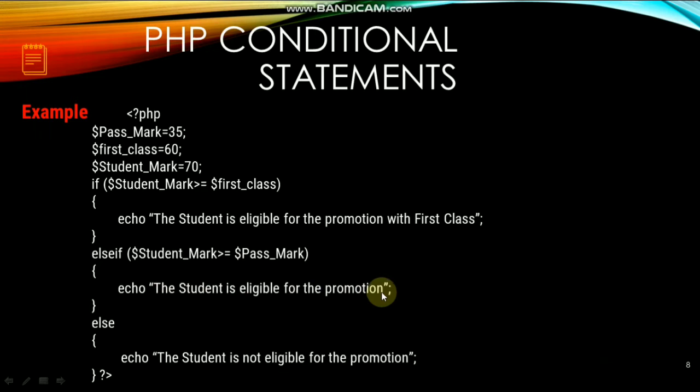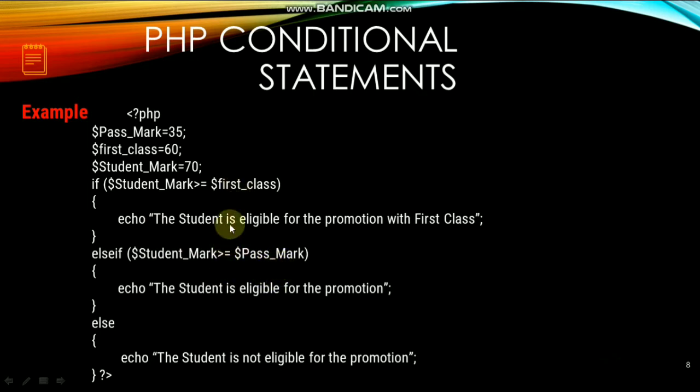That's all. Now assume that both the conditions are false, for example my student mark is 20. It will check here 20 is greater than or equal to 60, the condition is false. It will come here again, 20 is greater than or equal to 35, the condition is false.